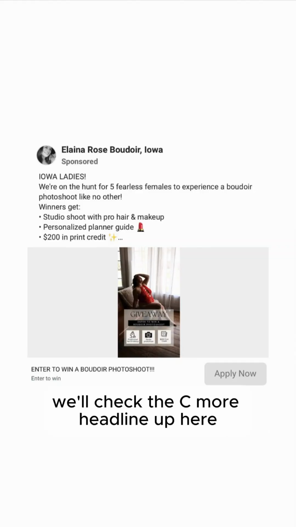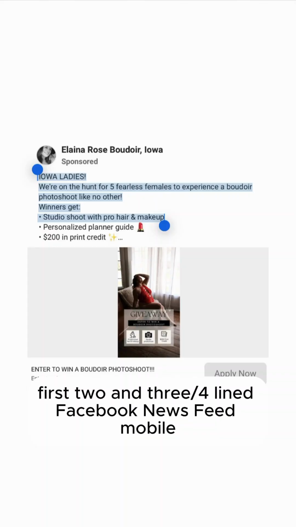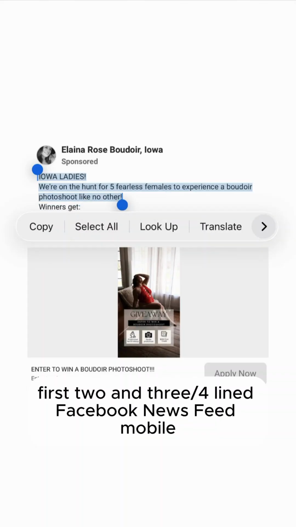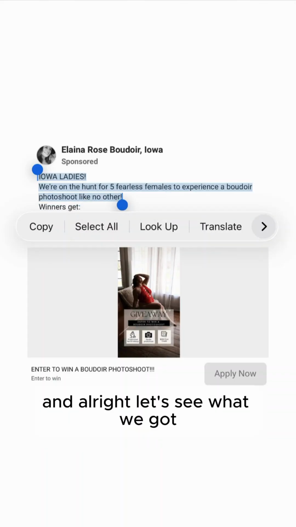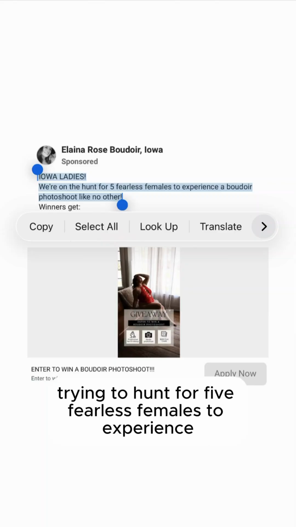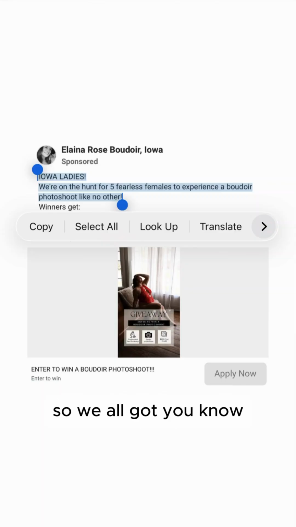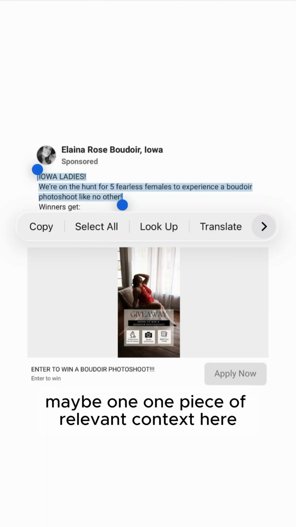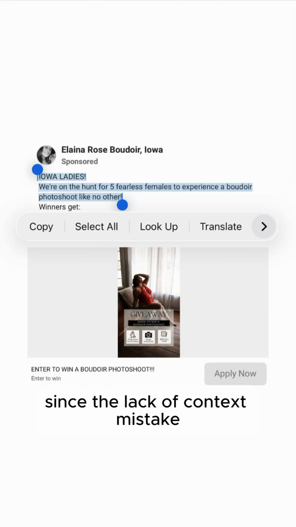All right, finally, we'll check the see more headline up here, first 2 3/4 lines, Facebook newsfeed mobile. All right, let's see what we got. Well, ladies around the hunt for 5 fearless females experiencing boudoir photos she liked. All right, so we only got maybe one piece of relevant context here. So it's the lack of context mistake.